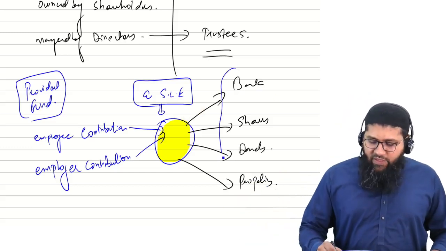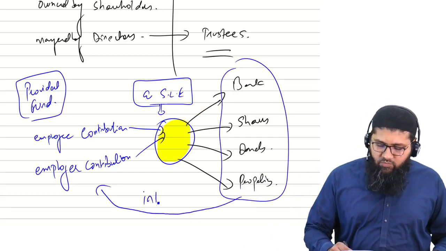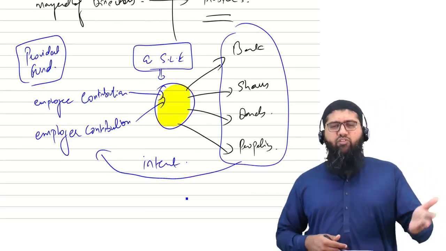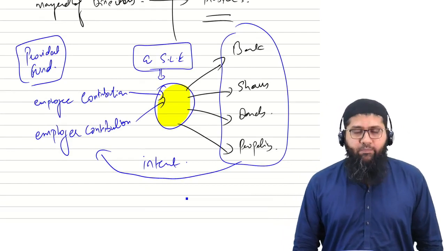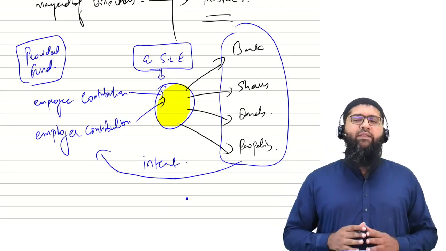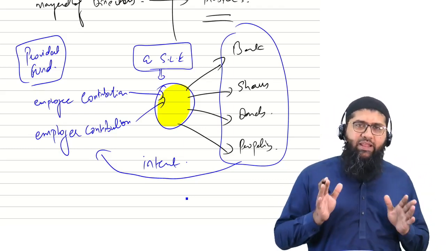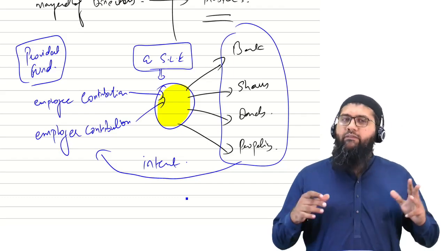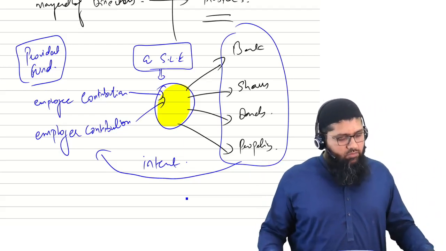As a result of this investment, a return comes in, and that interest is also passed on to the employee. So you need to keep in mind the concept of a fund or a plan or a trust. The gratuity funds and the provident funds are generally managed through a fund or a separate legal entity.